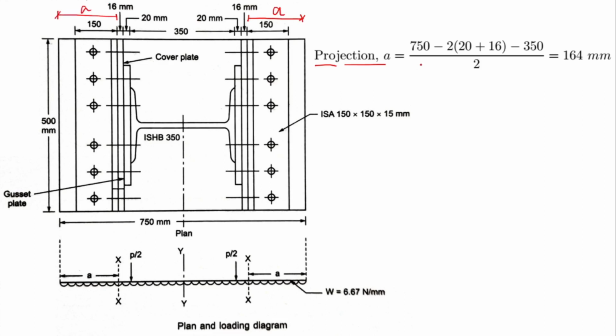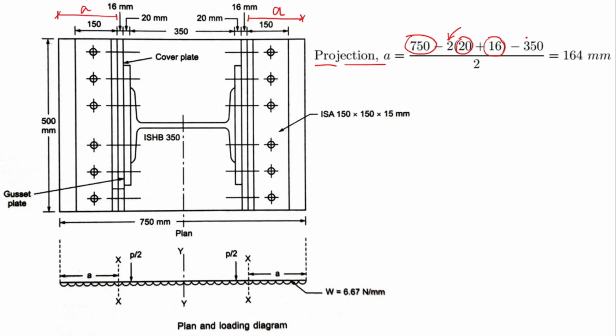To calculate the projection A, 750 is the total width of the base plate. From 750 we have subtracted the thickness of the cover plate 20 mm and the thickness of the gusset plate 16 mm, and we have multiplied the summation by 2 because the cover plate and the gusset plate exist on both sides of the column.